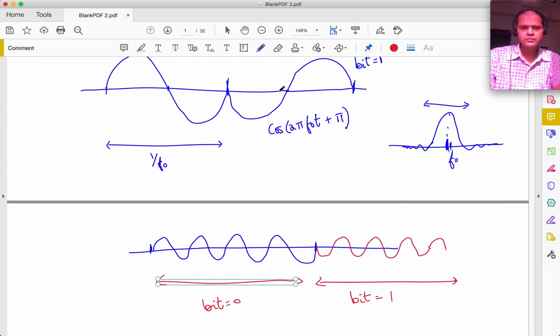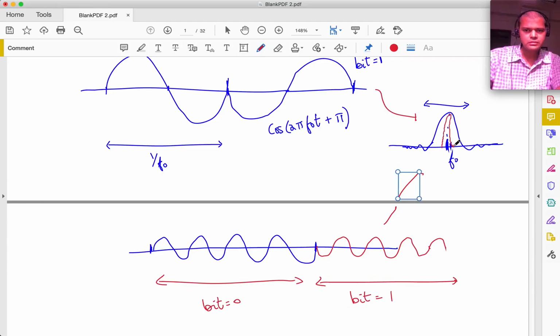So this was the Fourier transform of this particular signal. Then the Fourier transform of this particular signal is going to be much more narrow, something like this. You would expect the width of this to be 1/4 the width of the Fourier transform of this signal, just because we are changing the phase very rarely here compared to this.